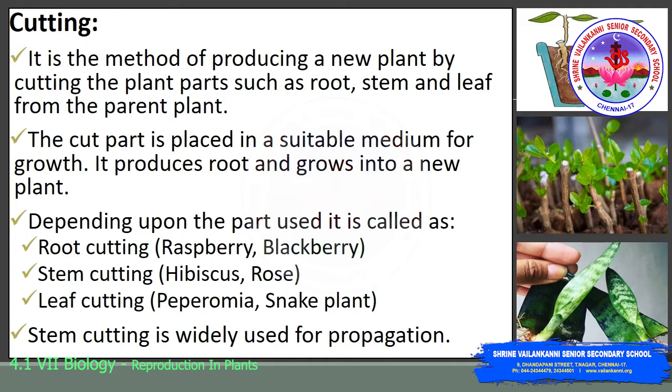Depending upon the part used, it is called root cutting, which is done in raspberry and blackberry. The next is stem cutting, which is commonly done in hibiscus and rose. And the next is leaf cutting, which is done in peperomia and snake plant. Stem cutting is the most widely used one for propagation.